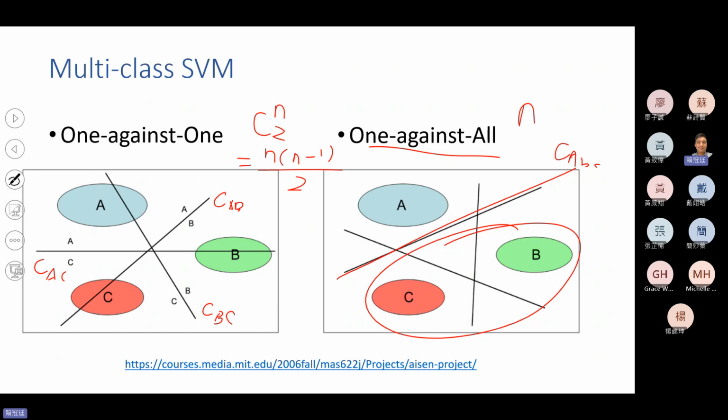Just select one class and make all the other classes the same group. You can see that 1 against 1 needs many more classifiers and more time, but in this example both methods happen to need 3 classifiers.